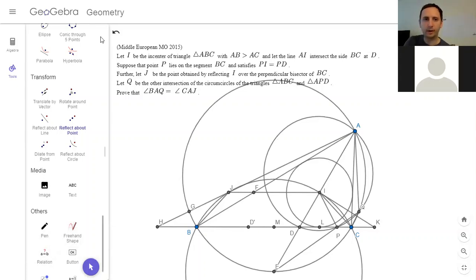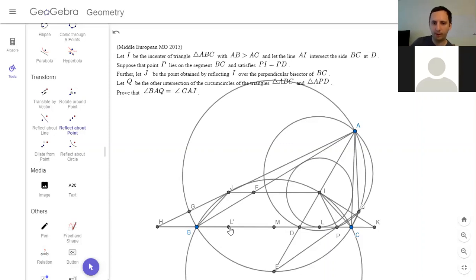Wait, no, that's not right. I want to reflect L over point M. So L prime is where the X circle touches. So L prime, that's the distance between the tangency point and the external tangency point, right?